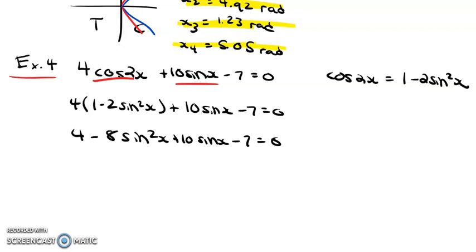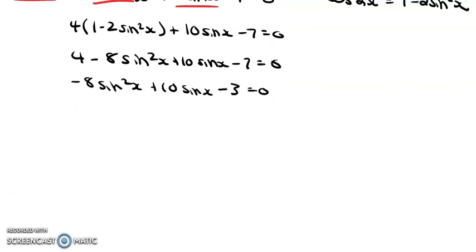All right. Continuing that on, we're going to get negative 8 sine squared x plus 10 sine x and then minus 3 equals 0. I'm actually going to factor out a negative 1 because I don't want to have that 8 in the front. I want it to be positive, and factoring out a negative 1 is not going to really do much to the 0 over here.